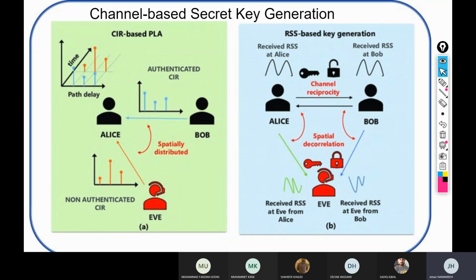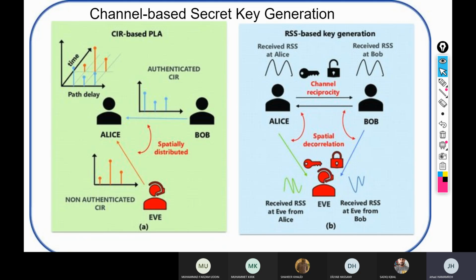So starting with channel-based secret key generation, if you look at the right-hand side of the figure, you can see that we have three nodes. Two nodes are legitimate, Alice and Bob, and we have Eve.